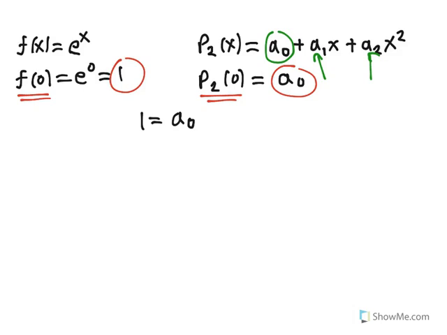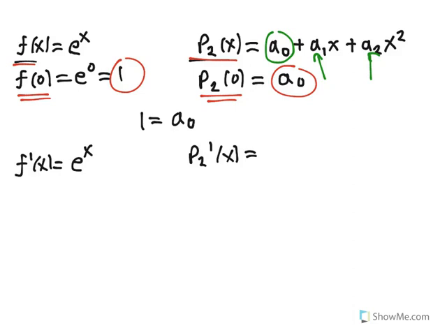So we're going to do exactly what we just said before. Now we're going to find the first derivative of our function, which would be f prime of x. We're using e to the x because the derivatives of e to the x are just e to the x. It makes our work easier. And then the derivative of our second degree polynomial function can be found easily.